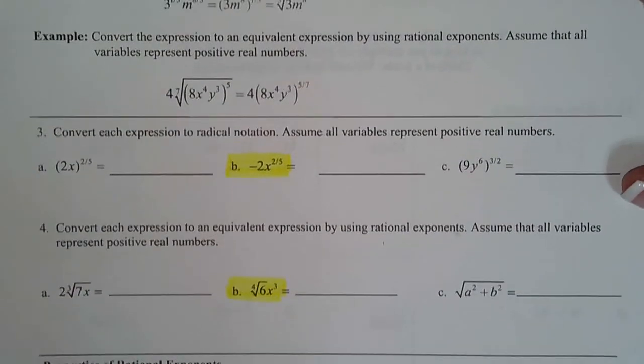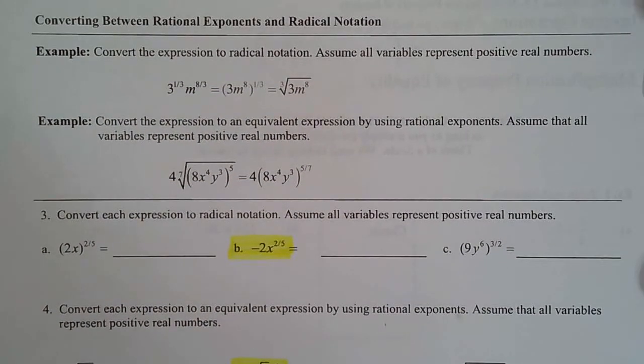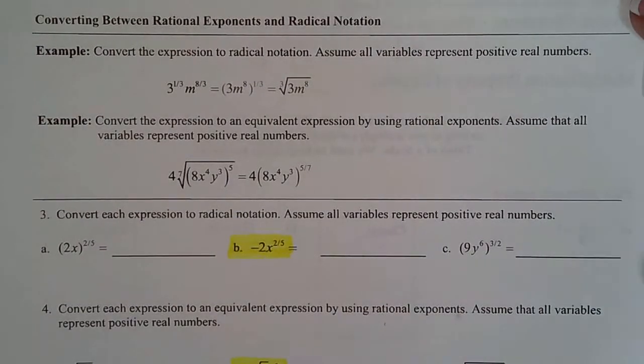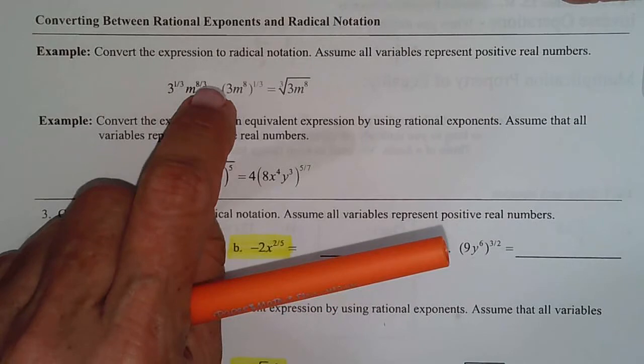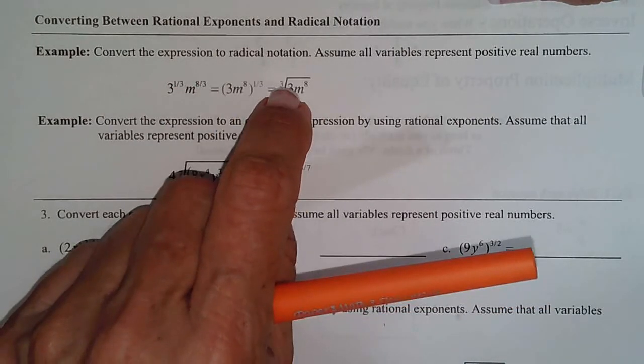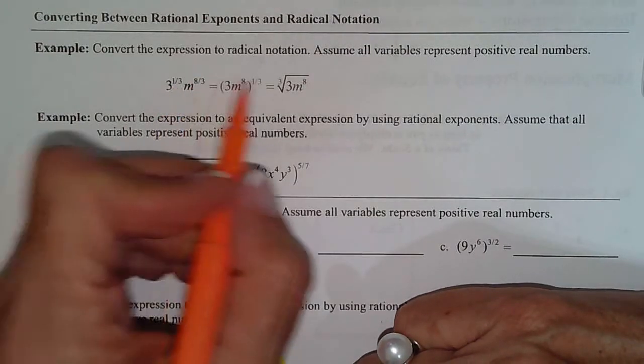Remember how I said I like to put variables on the test? Because then students can't do it with the calculator. Well, here it is. So here we have denominators of 3, so that's the 3rd root, and then this is 3 to the 1st, m to the 8th.